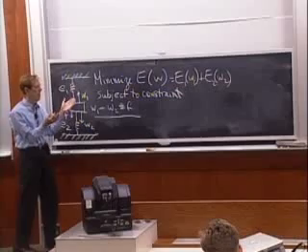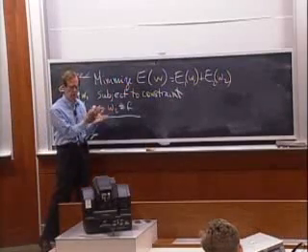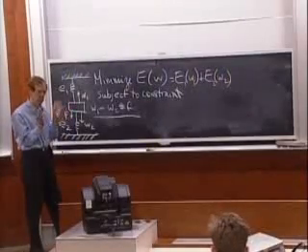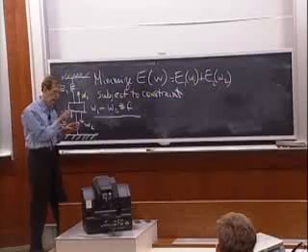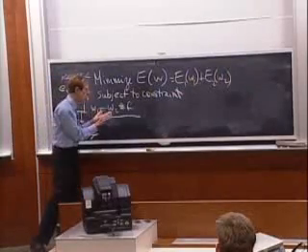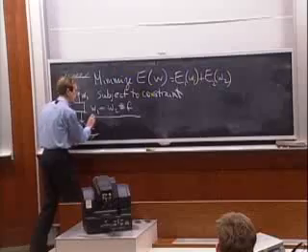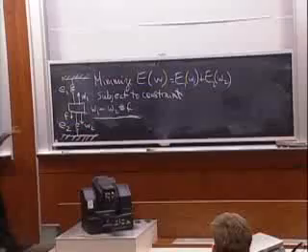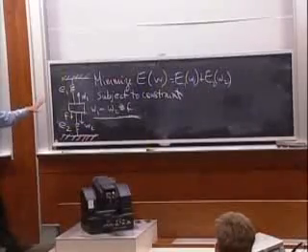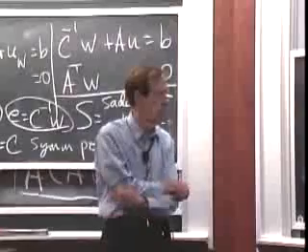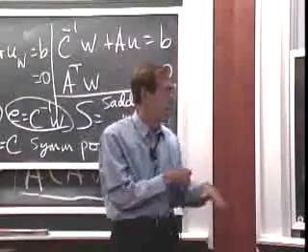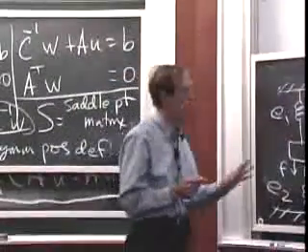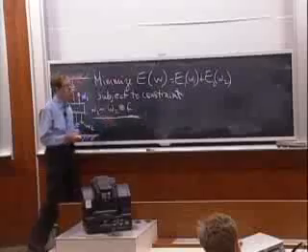You can't just set derivatives of the energy to 0. You would discover W1 equals W2 equals 0. Nothing happening, right? That would be the minimum. But that solution is ruled out because we have this constraint. We've got to balance the external force. So this is the question, and you'll maybe have met this question in other courses, but it's essential. How do you deal with minimizing when there's a constraint?